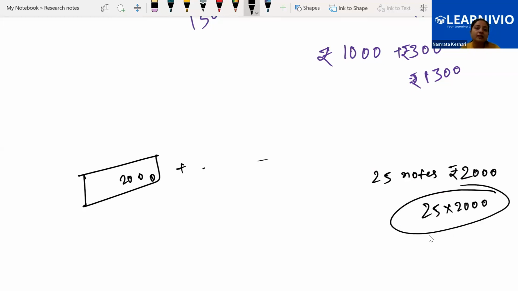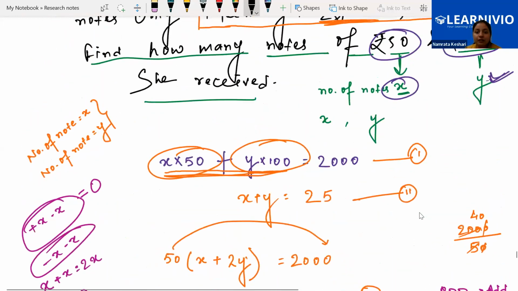It's just like going to a market where there is a shop with a textbook, and the price of each textbook is rupees 100. If I want 5 textbooks, I'll be paying 5 into 100, that means 500 rupees. It's like that only.